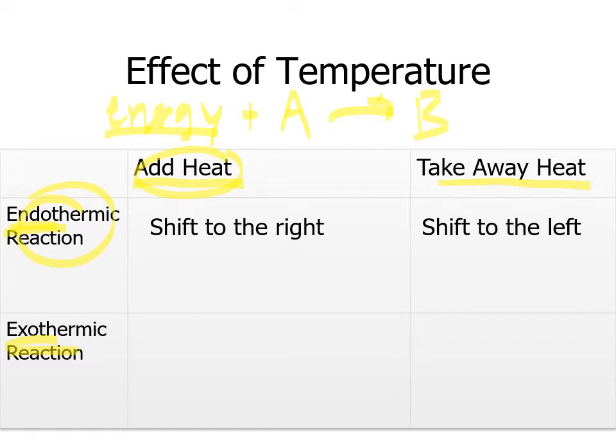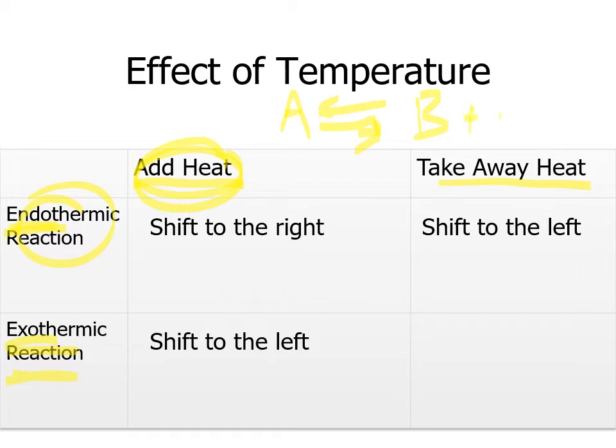It's going to be shifting to the left until it reestablishes equilibrium. And if we add heat to an exothermic reaction, we're going to see a shift to the left as well. Again, let's put this as an exothermic reaction.